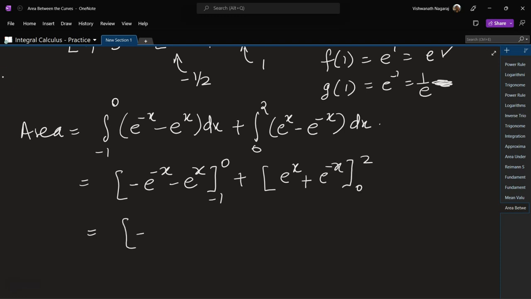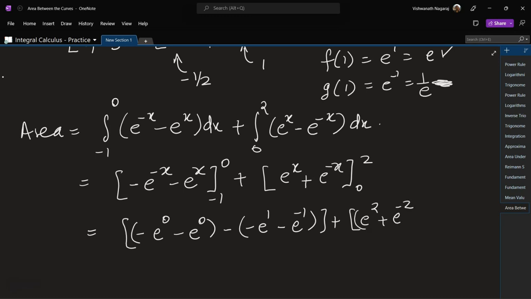This would become minus e to the power of 0 minus e to the power of 0 minus, minus e to the power of 1, yes, minus e to the power of minus 1, plus e to the power of 2 plus e to the power of minus 2 minus e to the power of 0 plus e to the power of 0.